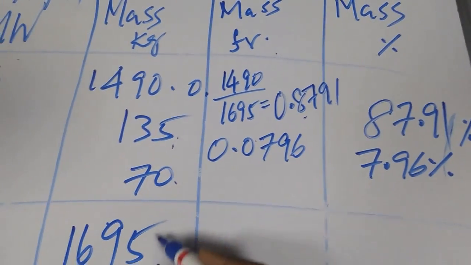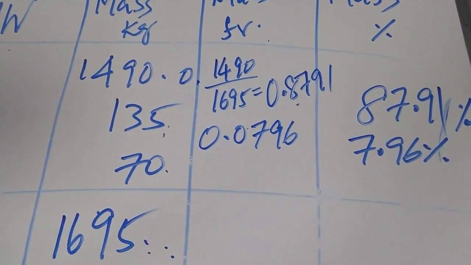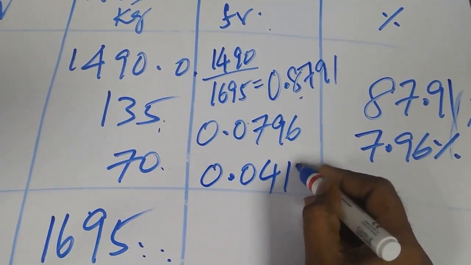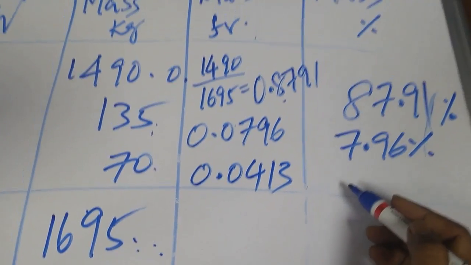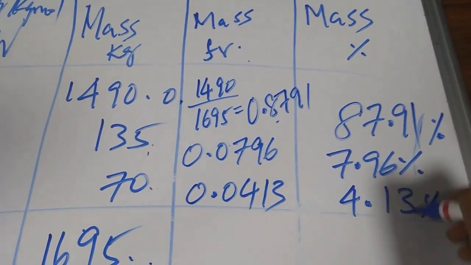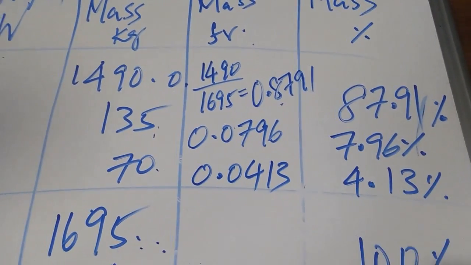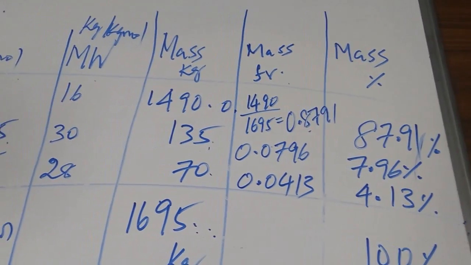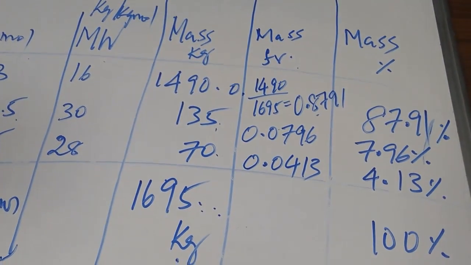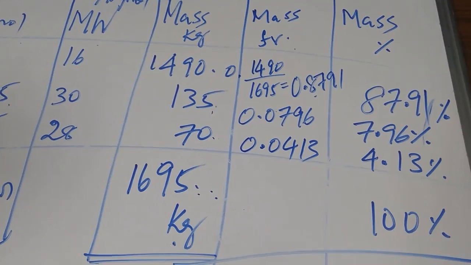This one is 70 divided by 1695, which is 0.0413. Multiplying by 100, we get mass percentage 4.13 percentage. Summing up all this gives us 100%. So we have the answer for mass fraction and mass percentage of the components.